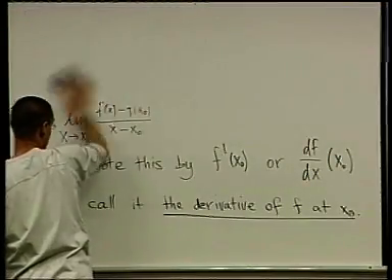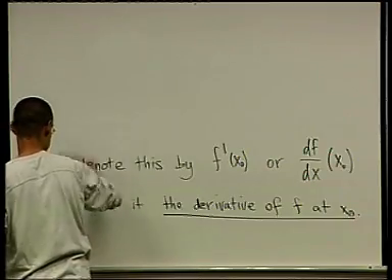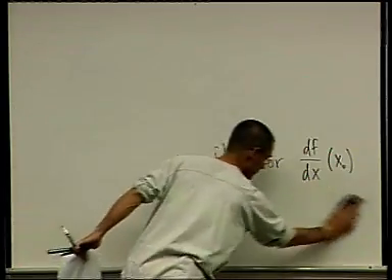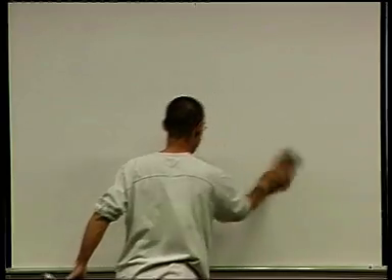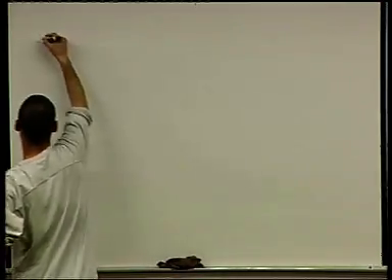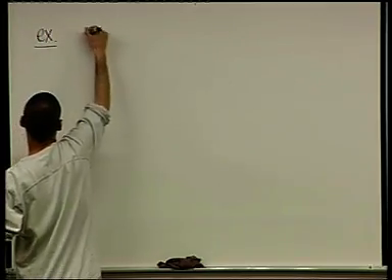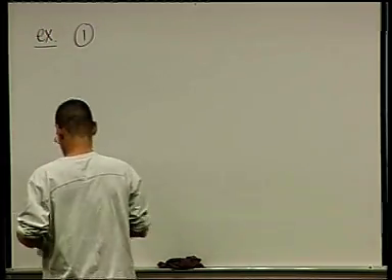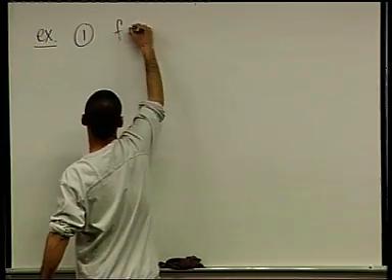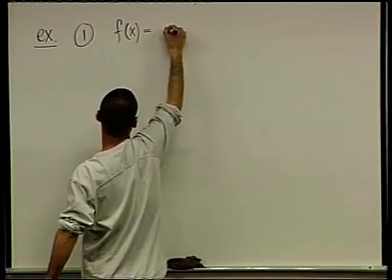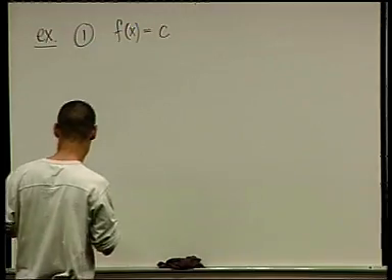And let's start calculating some derivatives. Okay, so examples. Example 1, let's take the constant function. f of x equals c. c is some constant.